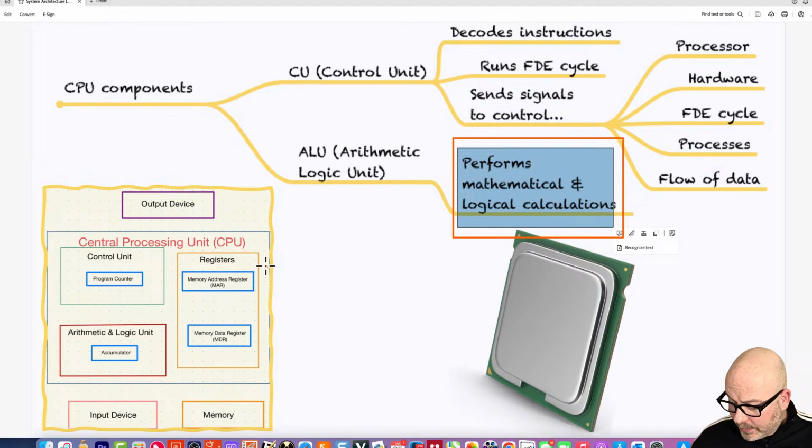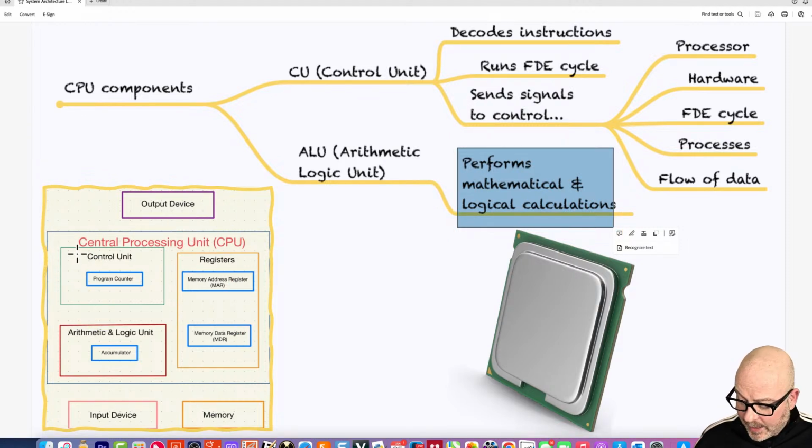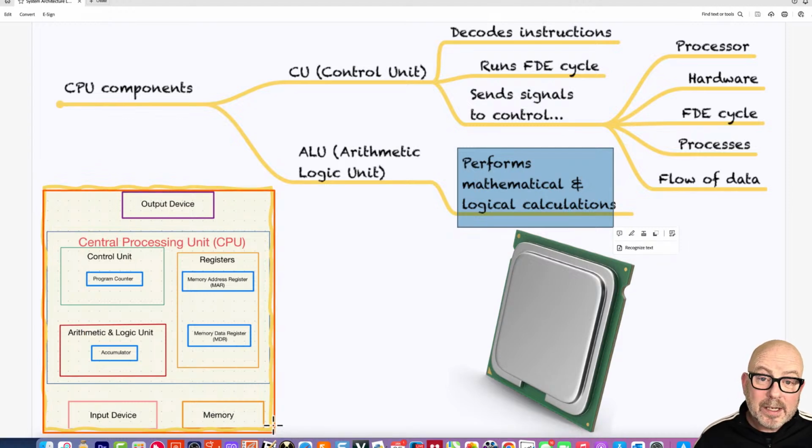All right, good. So we've got this here, which I'm going to talk to you about now. This is the CPU itself, okay? If we look at this diagram, you can see that these different components that we've already covered are already here. So here you've got the control unit. This is the boss. But this control unit needs its own memory.